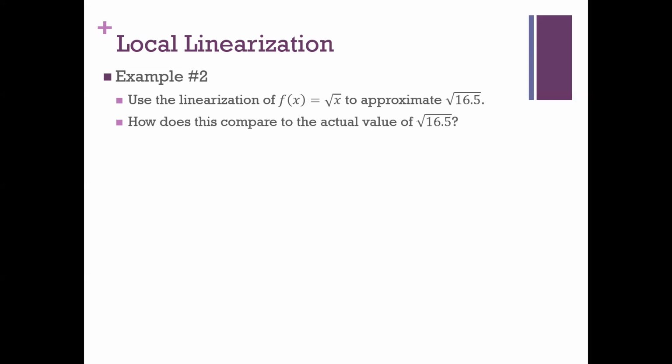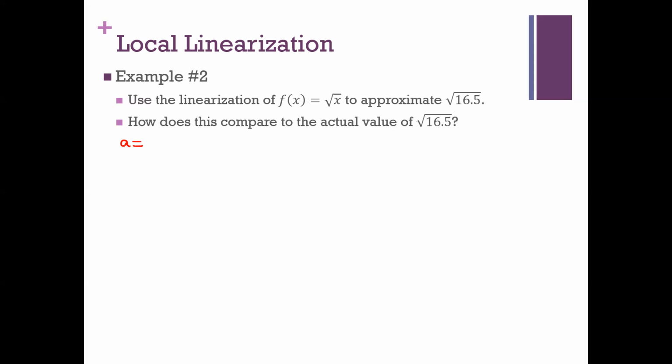But what's a good base value? We'll call it a. Remember, when you take a linearization, you're approximating around one single point. So basically, what's my single x value that I'm going to base this approximation on? 16.5 would be exact, right?